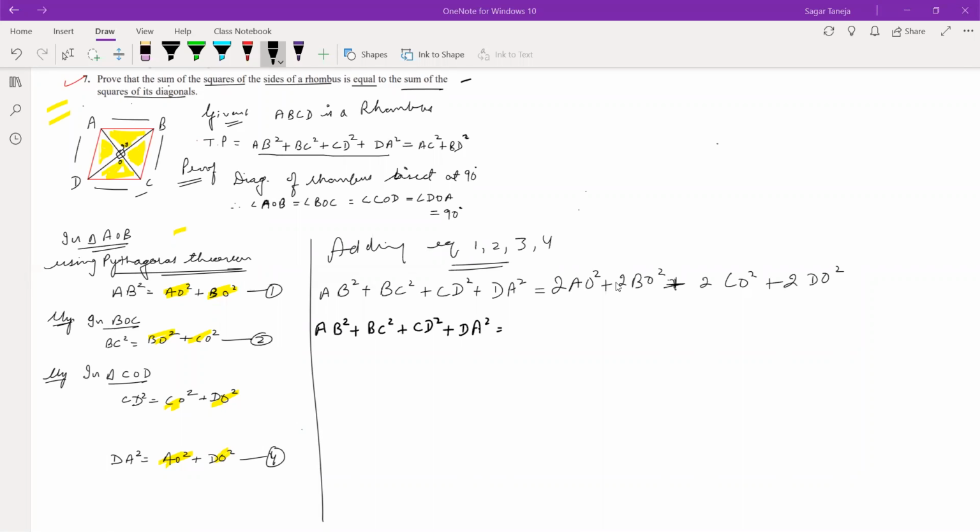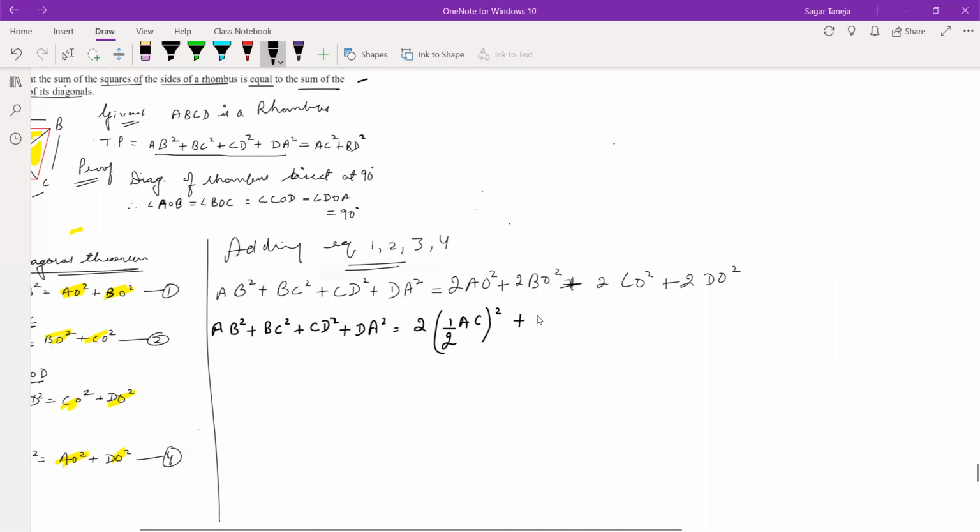AO square, BO square. Can we say AO is half of AC? As it is a rhombus, diagonals of a rhombus bisect each other. So AO and OC are equal, and AO will be half of AC. So in place of AO, let us write half of AC whole square plus, in the same way, BO is half of BD.